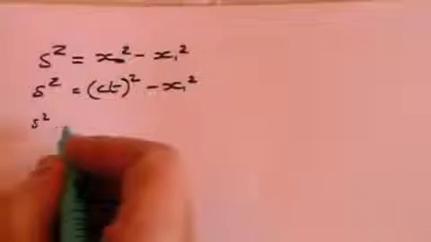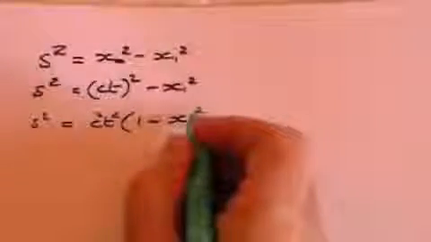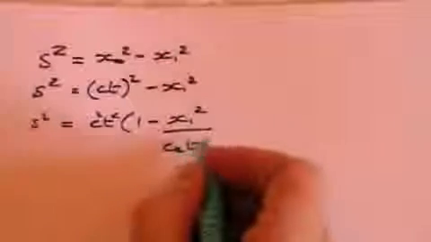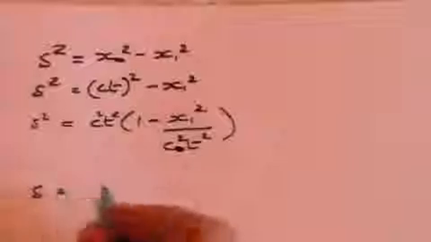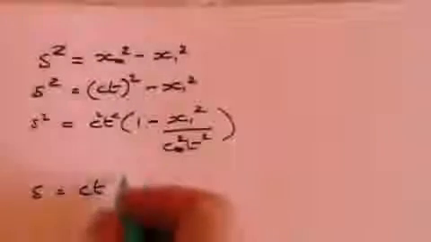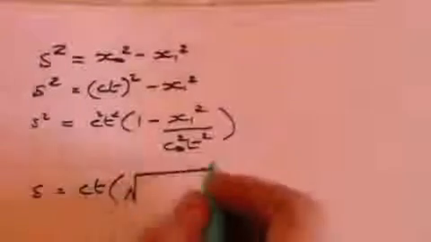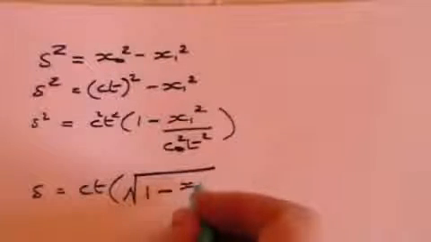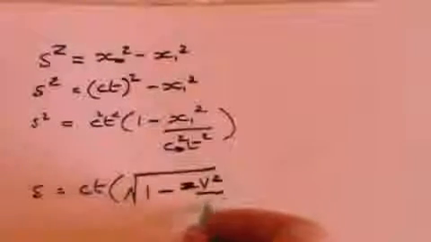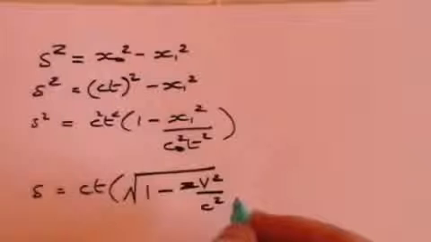Dividing through by c squared t squared, we get s squared equals c squared t squared into 1 minus x1 squared over c squared t squared. Or, taking the square root, s equals ct into the square root of 1 minus v squared over c squared, because that is x squared over t squared.